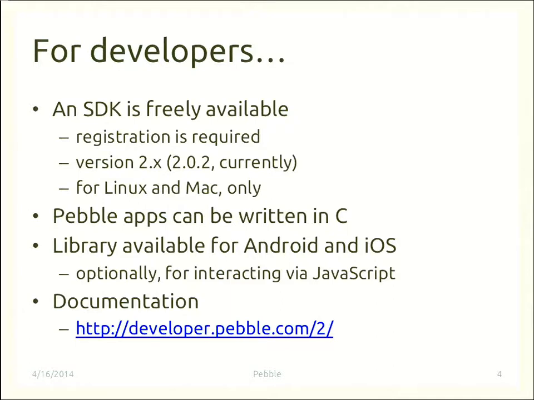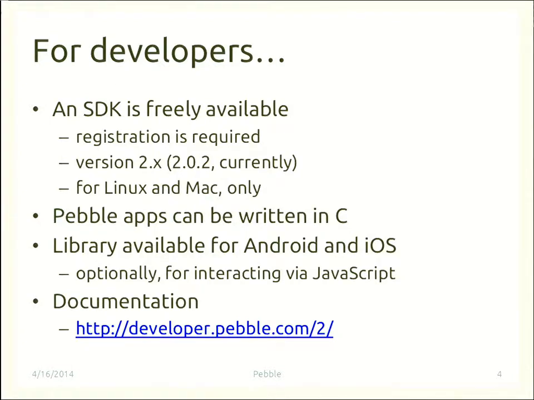So, for developing applications on the Pebble, an SDK is freely available. It can be downloaded from this site, developer.pebble.com. It's free, but registration is required, and currently we have version 2.0.2, and the SDK is for Linux and Mac OS X only, no Windows.